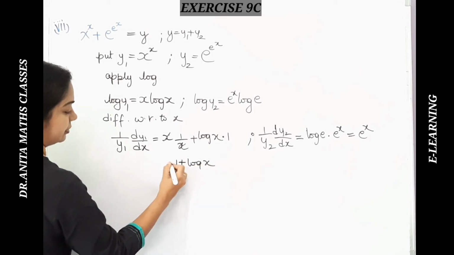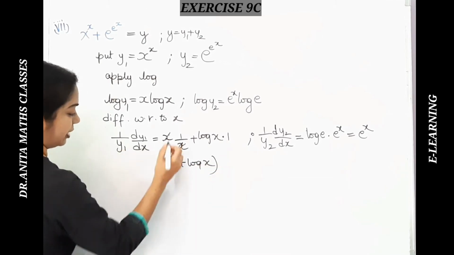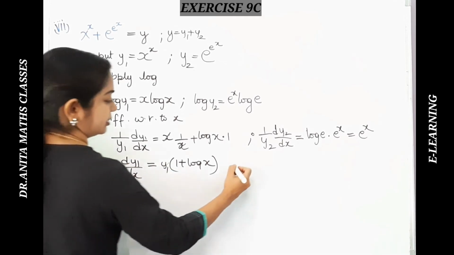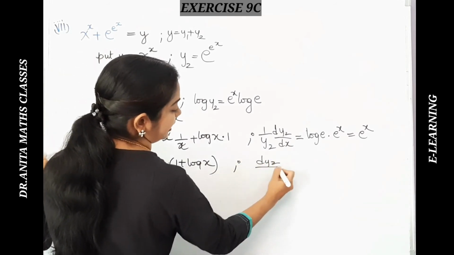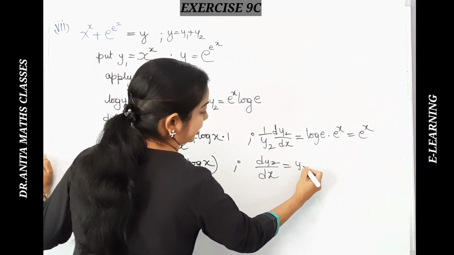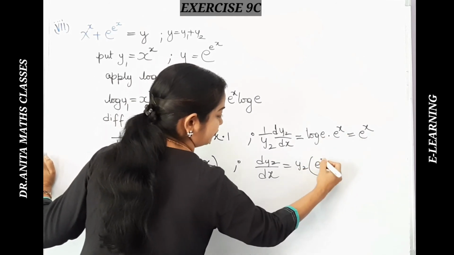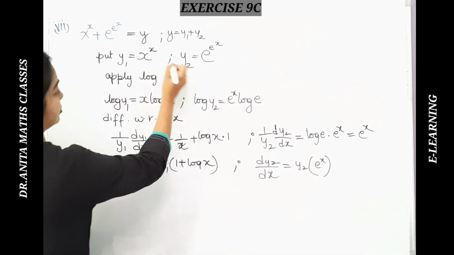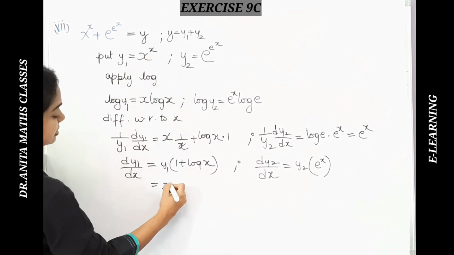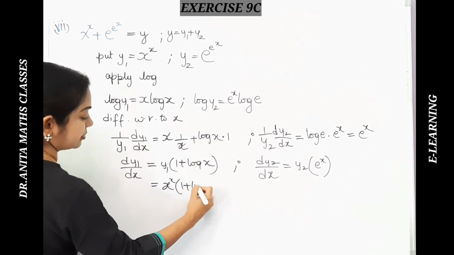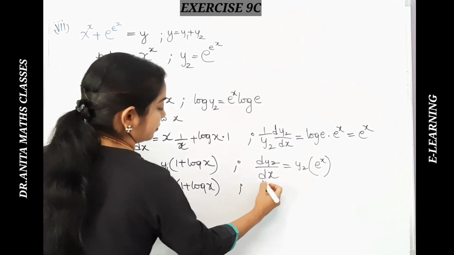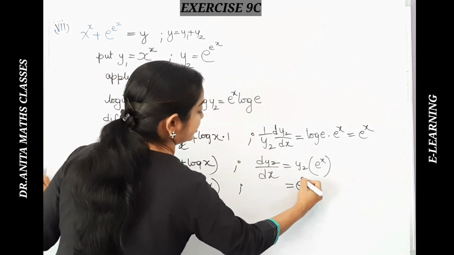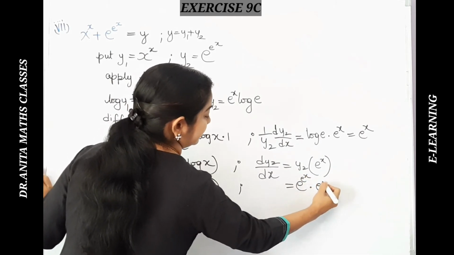We get it here, and if you multiply by y1, this becomes dy1 by dx. Similarly, dy2 by dx is equal to y2 multiplied by e to the x. Now what are y1 and y2? We will substitute. y1 is x raised to the power of x times 1 plus log x, and y2 is e raised to the power of e to the x multiplied by e to the x.